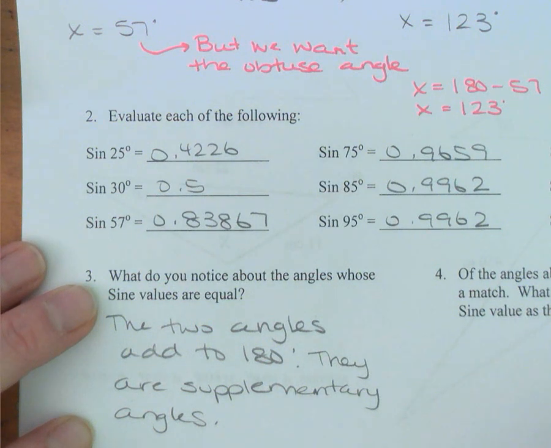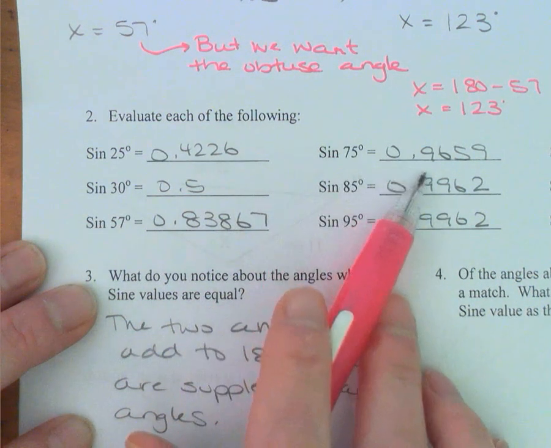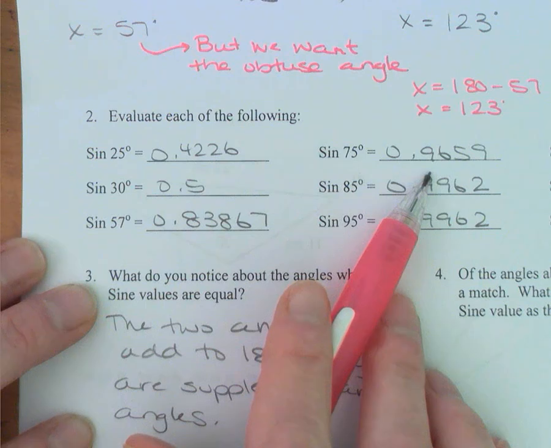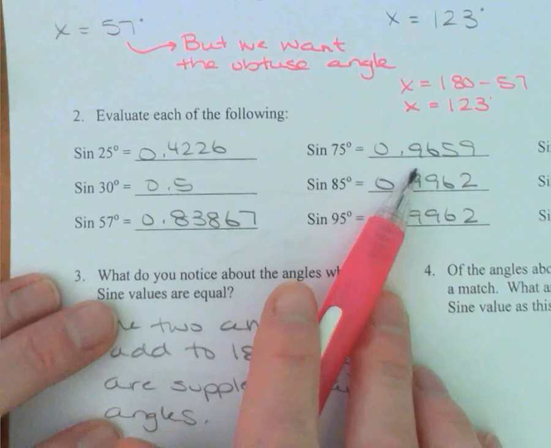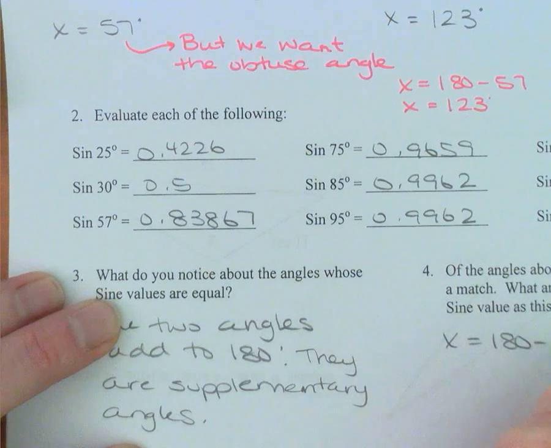So of the angles above, only one does not have a match. What angle would have the same sine value as this angle? So if I look, the only one that didn't match up with anything was sine of 75. I don't have another answer that matches this one. So if I want to know the angle that's missing, I can say that x is equal to 180 minus 75.